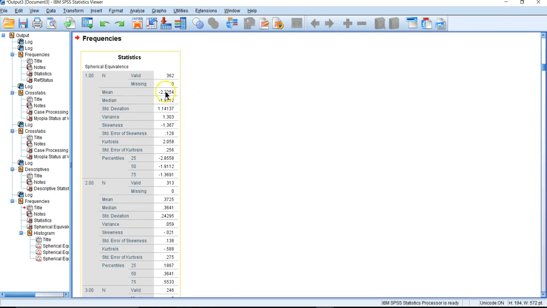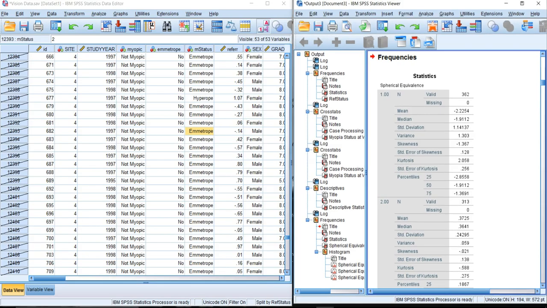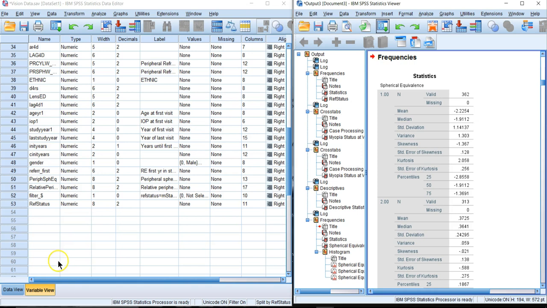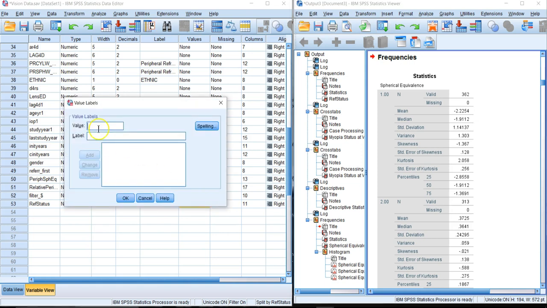All right, so we get statistics, and 1 is myopia, 2 is emmetropia, and 3 is hyperopia. Let's fix that so in the future we won't have to remember what everything is. Under ref status, a 1 is myopia. Notice this is in the values labeled. A 2 is emmetrope.